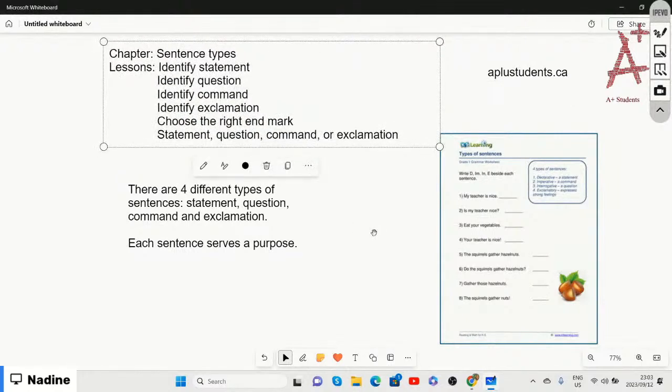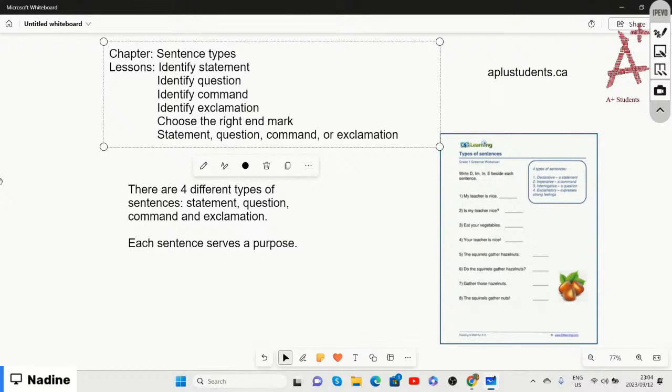Okay, so today, under the chapter of sentence types, we are going to be focusing on quite a few lessons, right? It does look like a lot, but it's only because we are going to be focusing on each one of the sentence types individually.